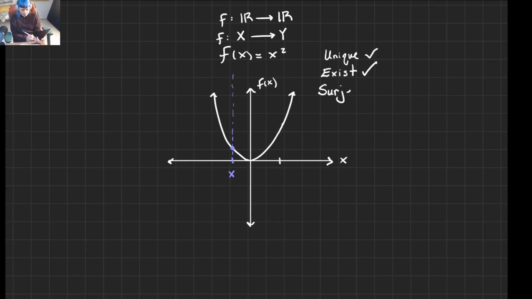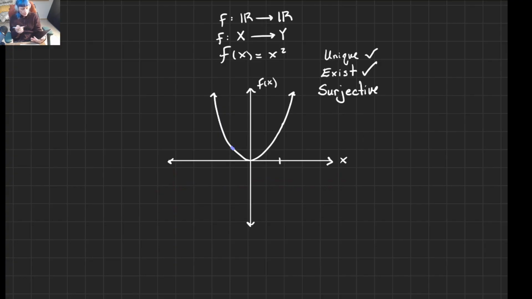So now that we know that it's a function, is it surjective? If a function is surjective, then we're looking at the range, and we're looking to see, is there any value in the range which does not have a corresponding value in the domain?